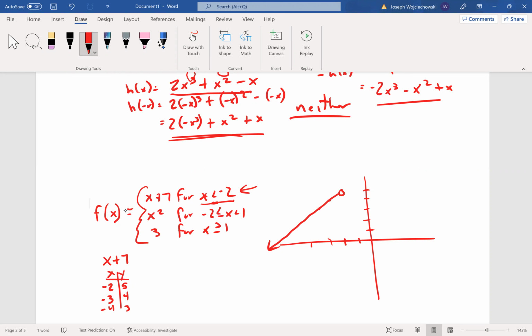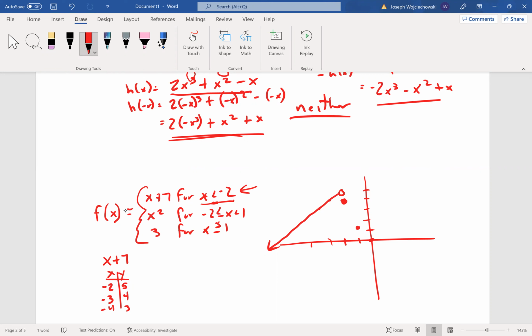Okay, now it's simply x squared for x equals negative 2. So what's negative 2 squared? 4. Right there, and it is included. Okay, then we have negative 1 we can use. What's negative 1 squared? 1. Then we have 0. 0 squared is 0.